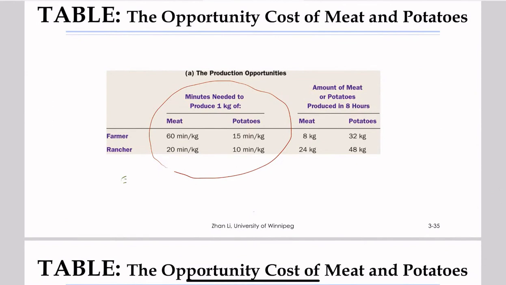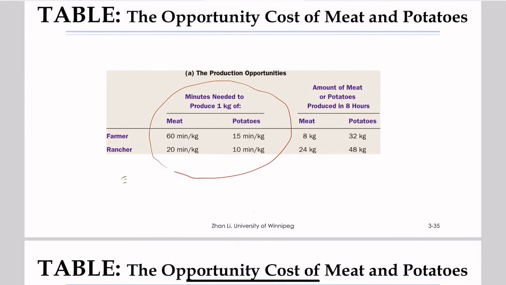And interestingly, from this table, you can see that the rancher actually has absolute advantages in both producing meat and producing potatoes, right? Because this person has a higher productivity than the farmer in both productions. However, we also know that what to specialize in does not depend on absolute advantage.